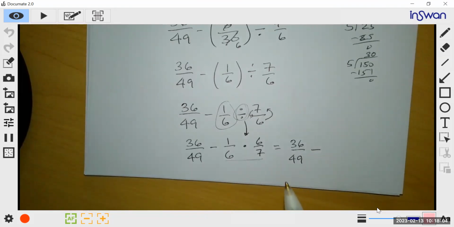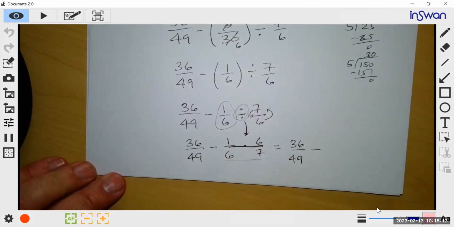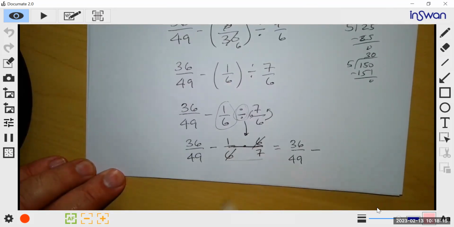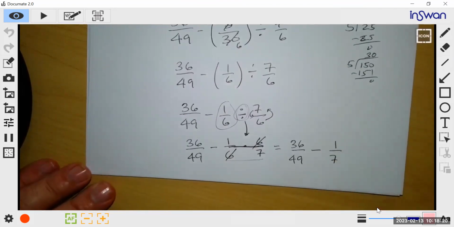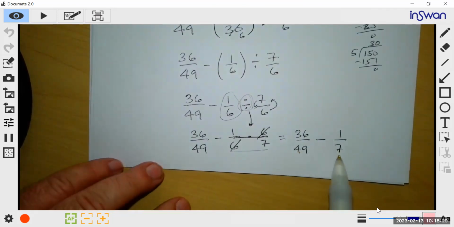Before you multiply fractions, what do you always do? Reduce. Can you cancel anything? Can anything on top cancel with anything on the bottom? The 6's cancel. So we're left with... We could do the butterfly method here, but because the denominators are easy to get to, how do I get to 49 from 7?